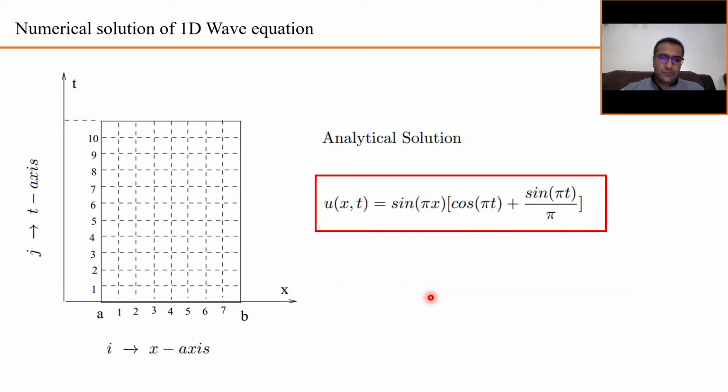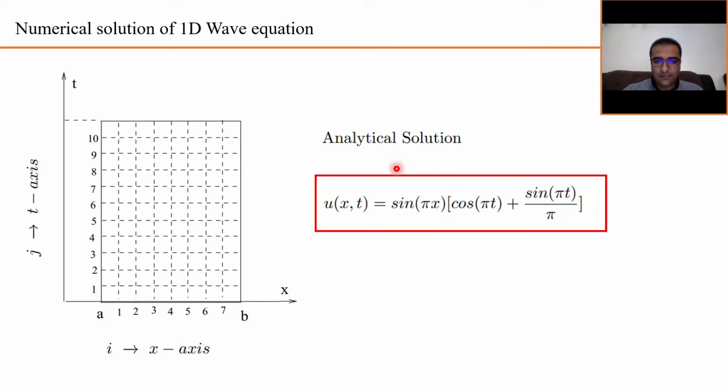I don't solve this problem analytically, but it is easy to check that this is the solution with the mentioned boundary and initial conditions. For example, if you substitute t equal to 0, you get sine pi x, as we mentioned. Also, if you take the derivative of this function and again substitute 0 for t, you again find sine pi x.